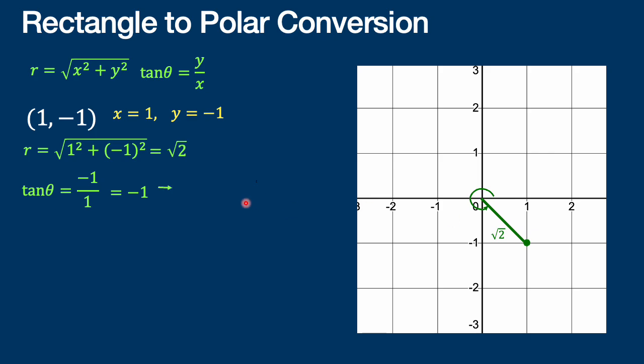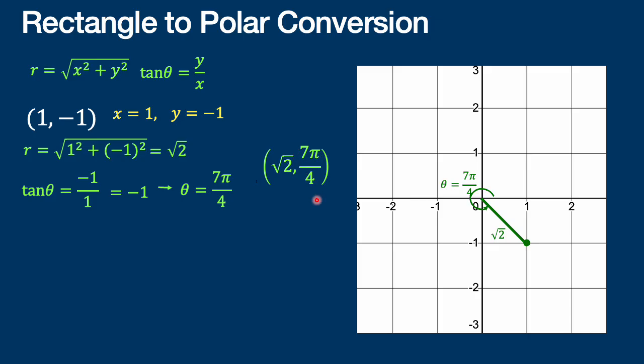So theta is going to be, what is it, guys? Theta is 7 pi over 4, not 3 pi over 4. If you pick 3 pi over 4, that's the second quadrant. So when you pick the angle, sketch the point and make sure where the point lies. So find the right angle. You have the polar coordinate square root of 2 comma 7 pi over 4.